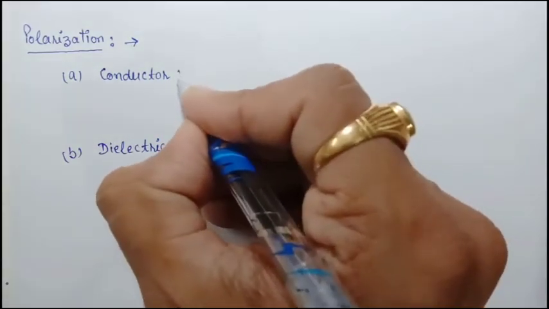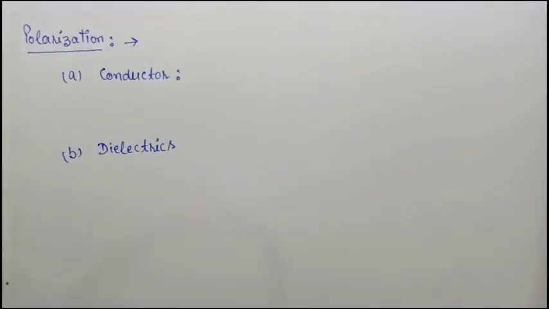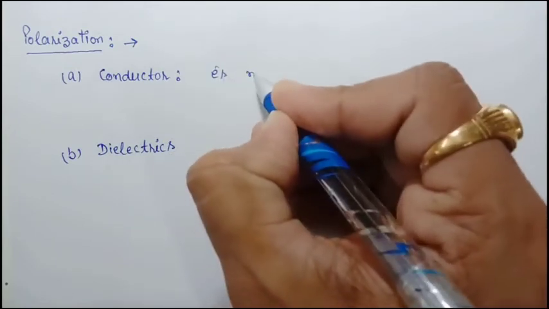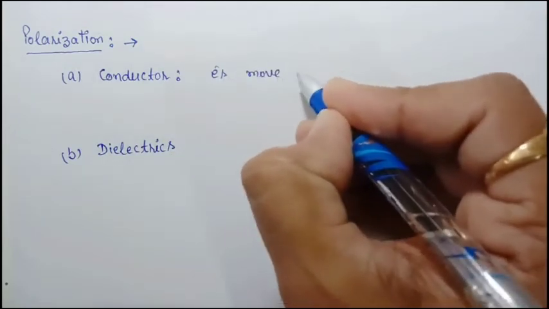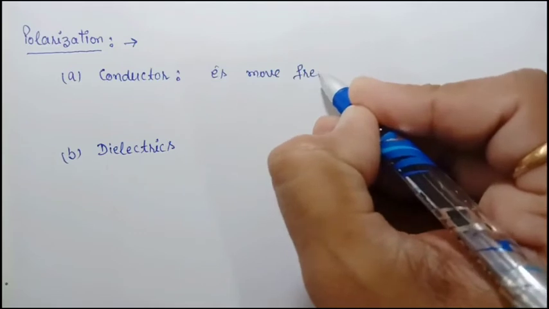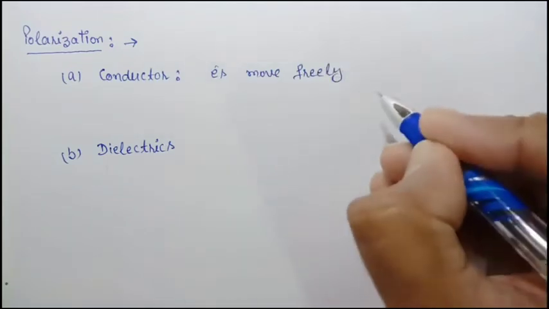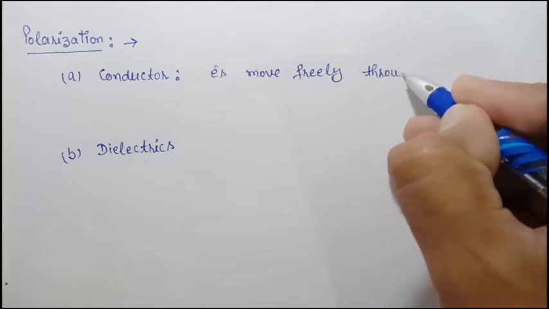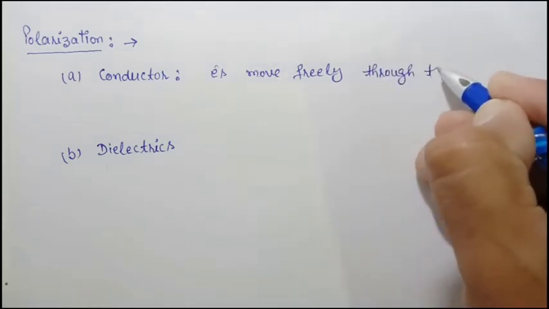So first point here is conductors. In conductors, electrons move freely through the material.